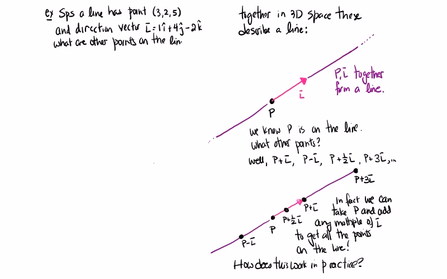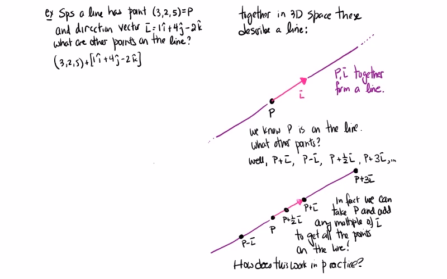So according to our little observation on the right-hand side, I can take the point P, this is our P right here, and I can add L or subtract L. So here are some. We could do, say, (3, 2, 5) plus L. Now, again, I'm being really informal here, in the sense that I'm adding a point to a vector. I don't want to do this formally.